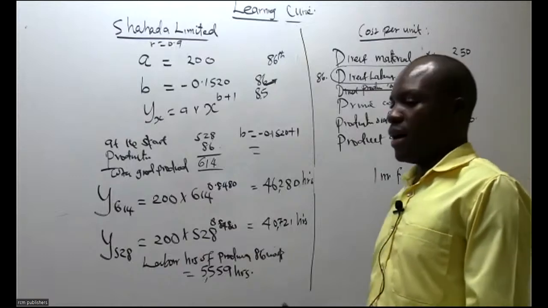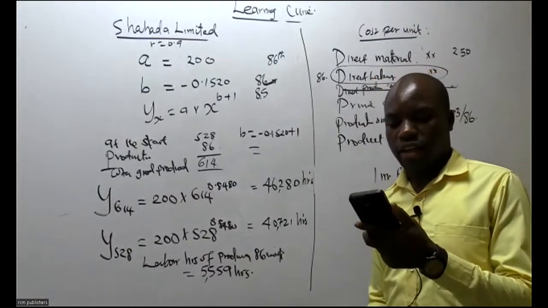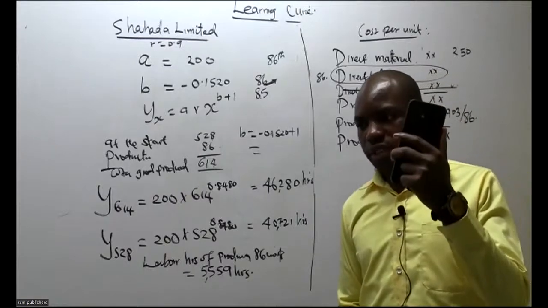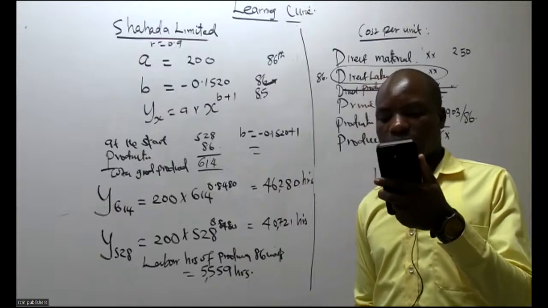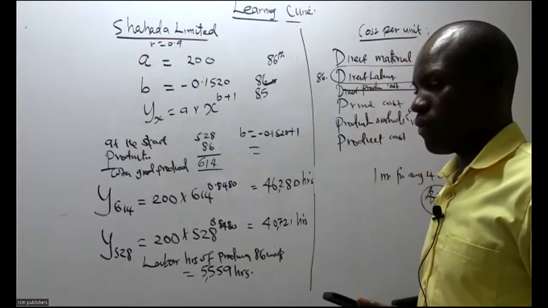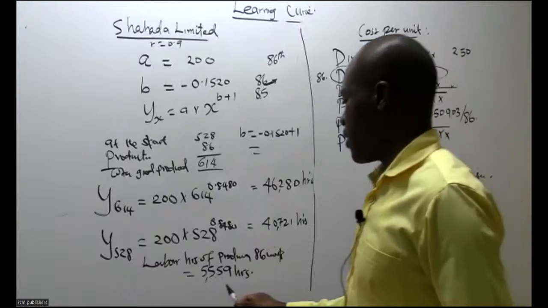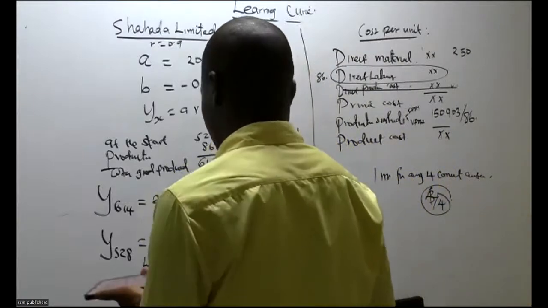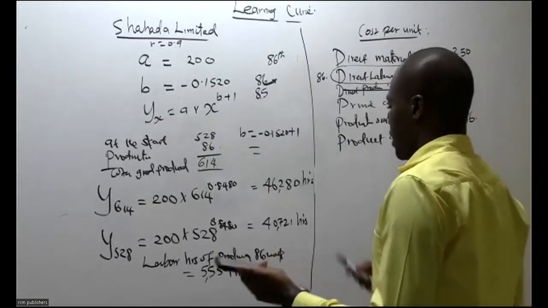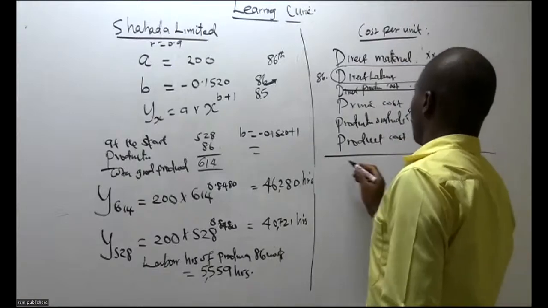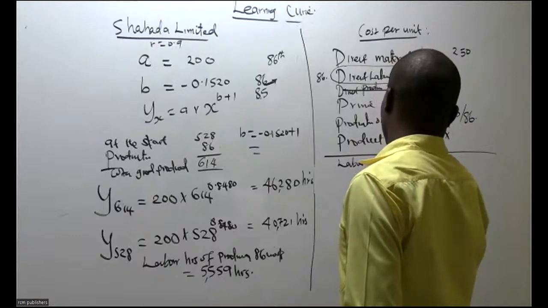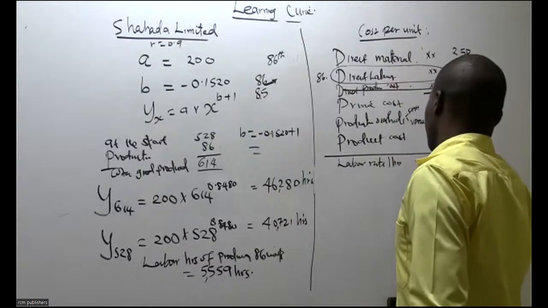Now we have 5,559 labor hours. Look at our additional information number 2, the standard labor cost per hour. The labor rate per hour, we are given there as 10 shillings.